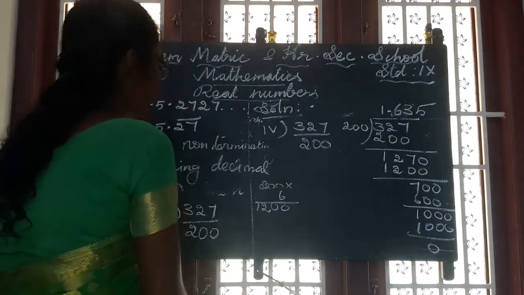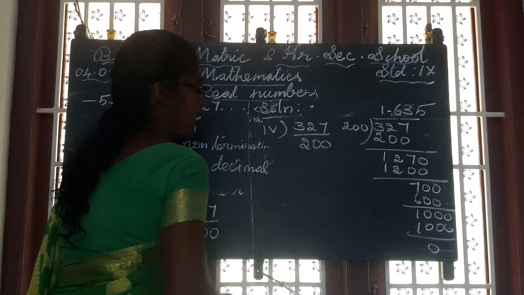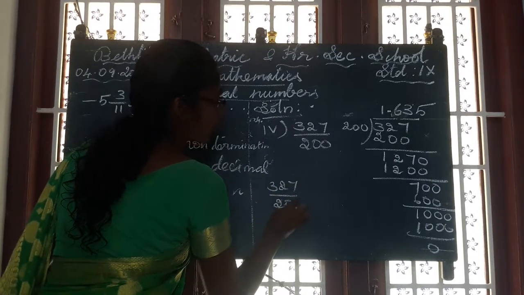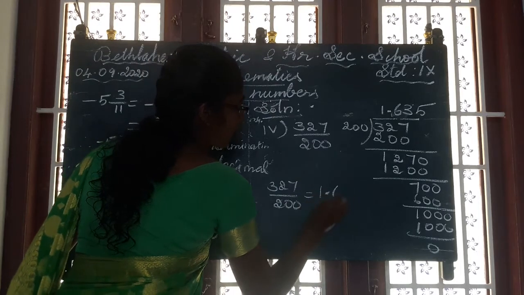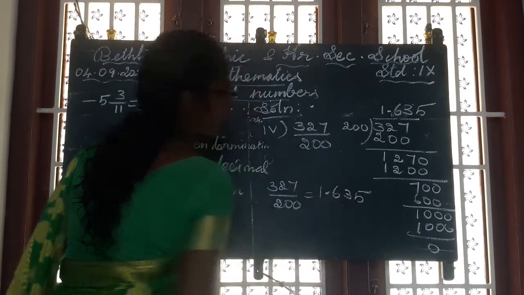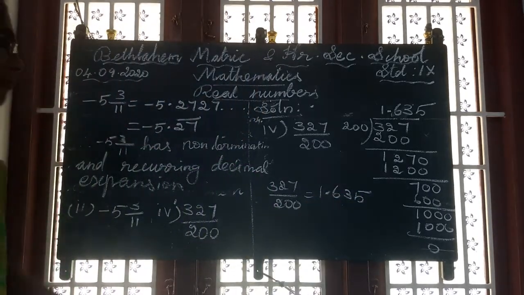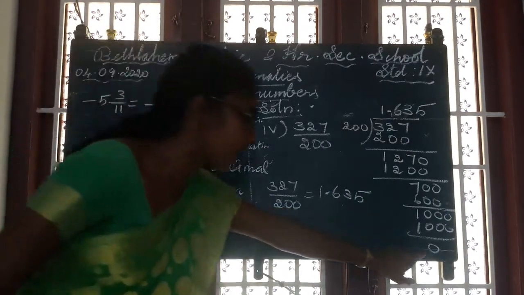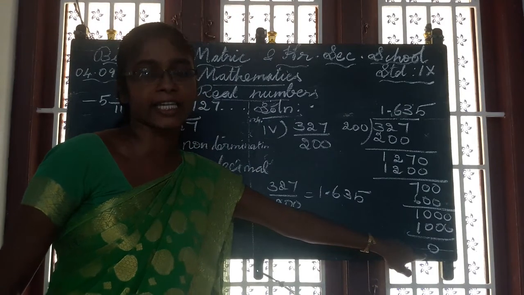So 327 by 200 is equal to 1.635. What is the answer? 1.635. We are getting the remainder 0.